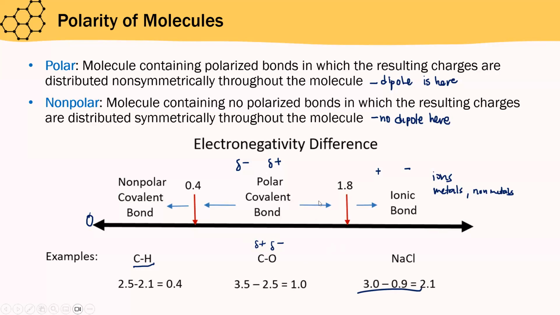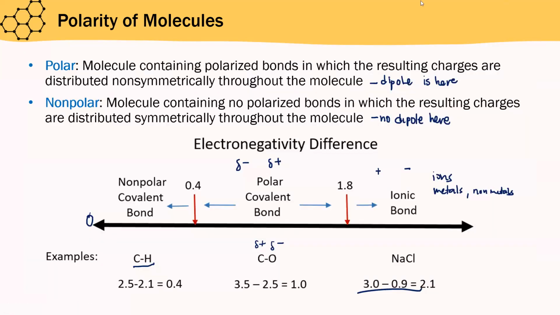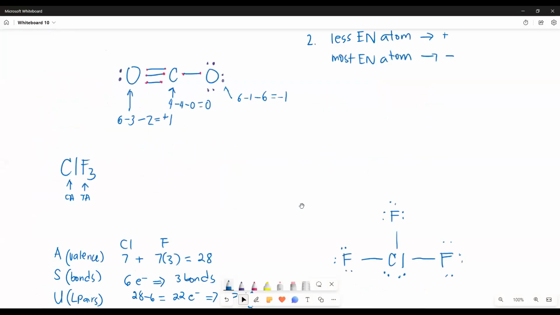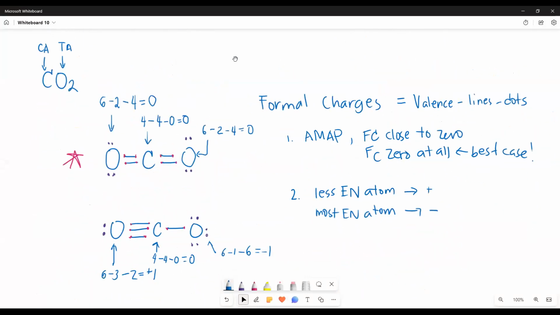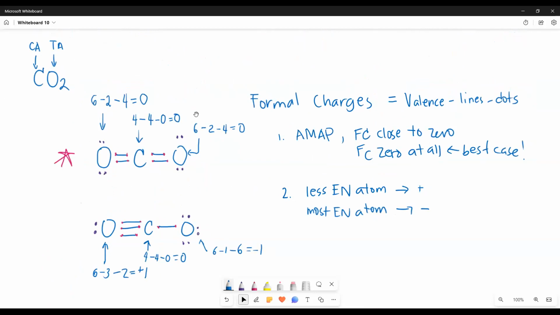So let's apply this with our previous examples. Let's take, for example, the molecule that we created last time, the CO2. Here in CO2, let's just focus on this carbon-oxygen bond. For the carbon-oxygen bond, let's look up their electronegativity.